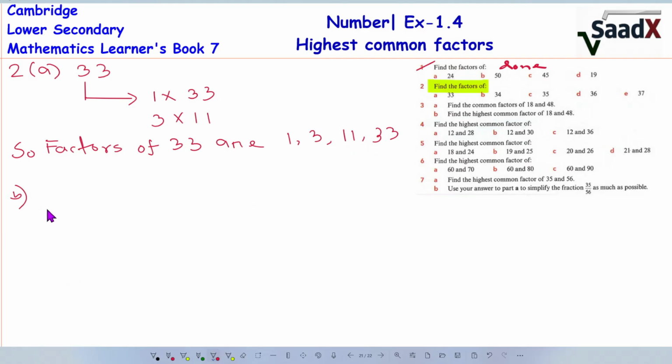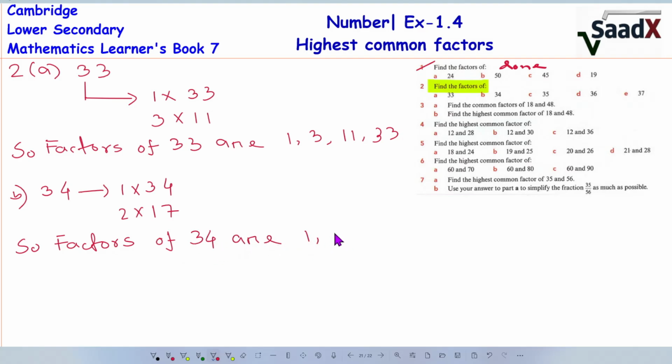Number B, 34. This one is 1 times 34, 2 times 17, right? So similarly we can write the factors of 34 are 1, 2, 17, 34.